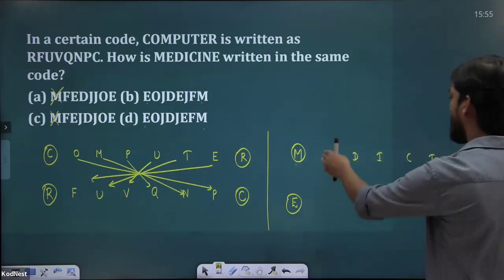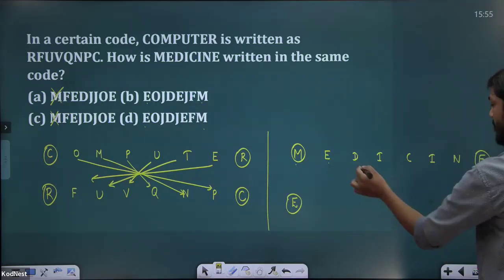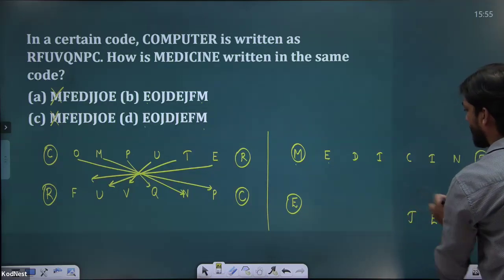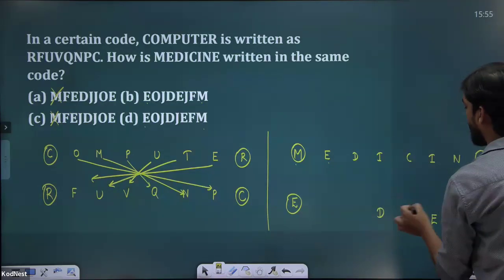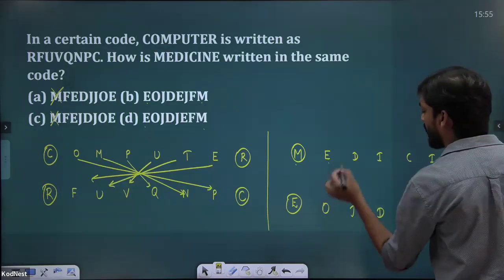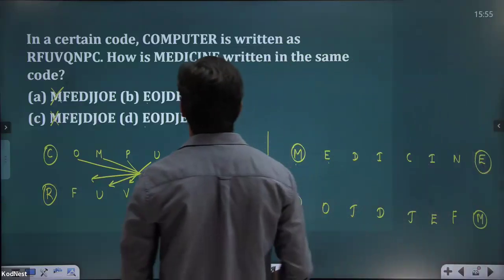The same you have to write here. So E, F, D, E. Okay, I, J, C, D, I, J, N, O. So E, O, J, D, J, E, F, M.